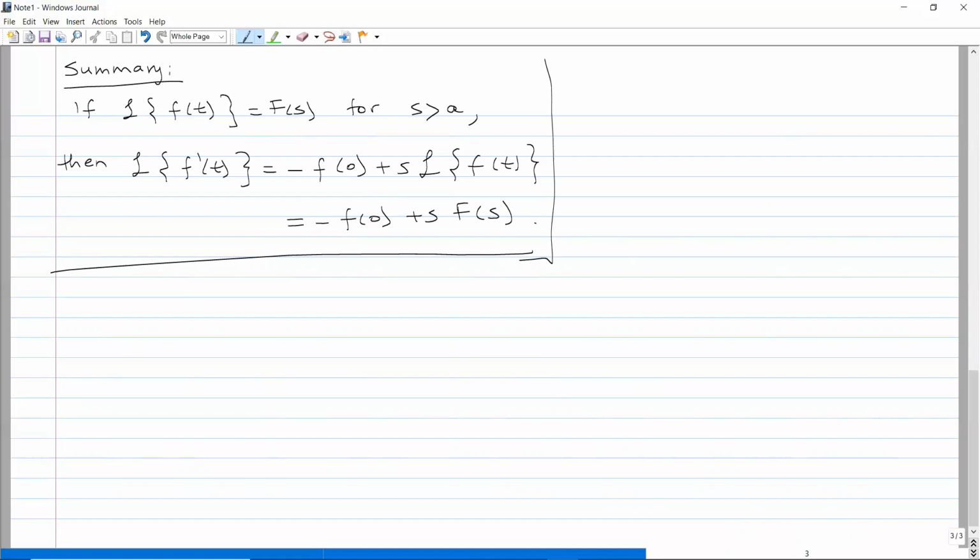But in a differential equation, we have higher order derivatives, not only the first derivative.